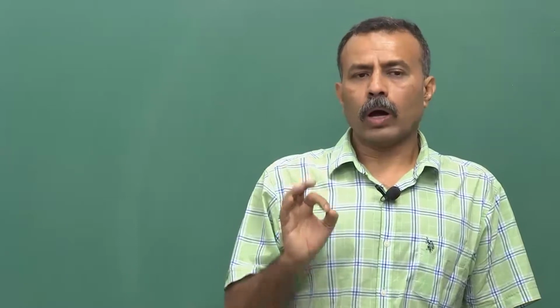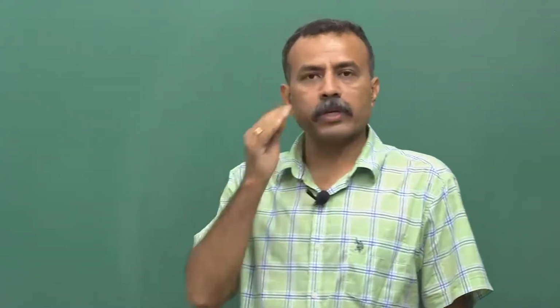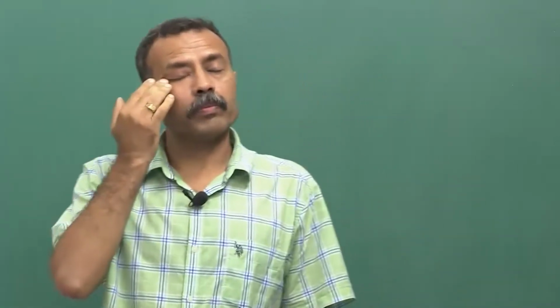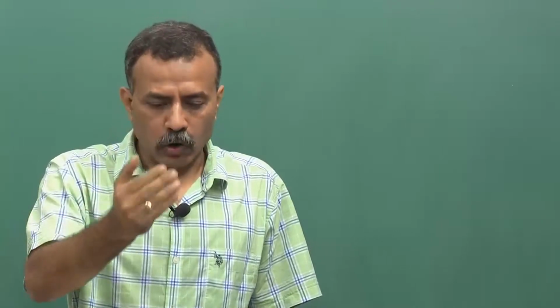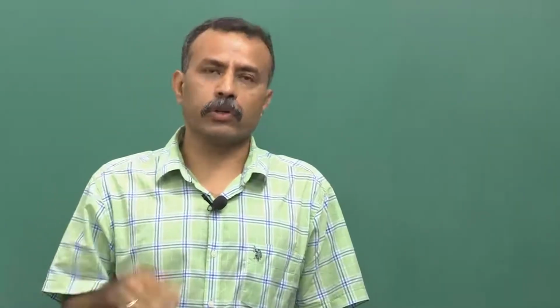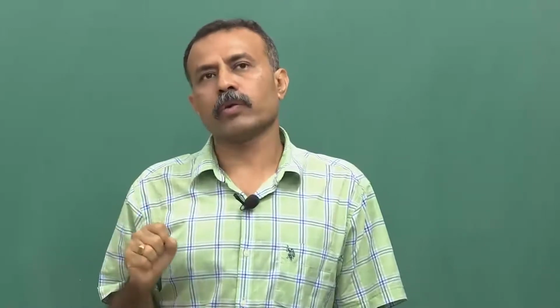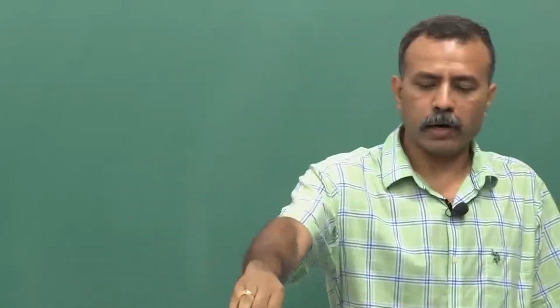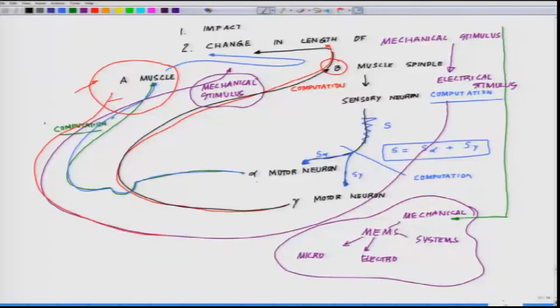Now, how the signal in a normal situation is transmitted from the motor neuron, or the axonal terminal of the motor neuron, to the muscle, today we are going to discuss that part. Okay. So, if you look at that synapse out here, this is the synapse we will be dealing with.